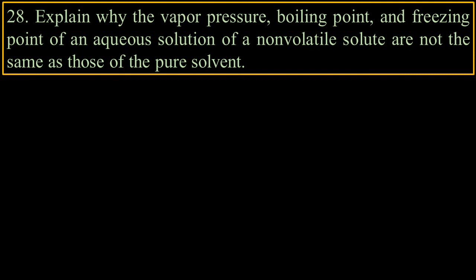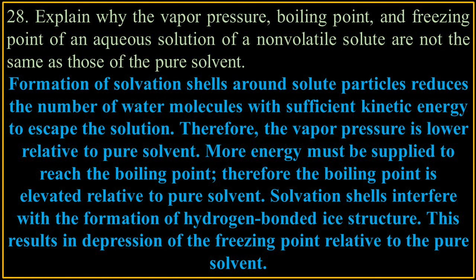Explain why the vapor pressure, boiling point, and freezing point of an aqueous solution of a non-volatile solute are not the same as those of the pure solvent. Formation of solvation shells around solute particles reduces the number of water molecules with sufficient kinetic energy to escape the solution. Therefore, the vapor pressure is lower relative to the pure solvent.